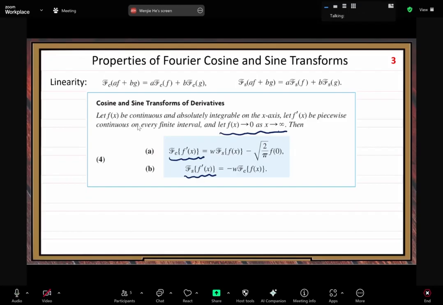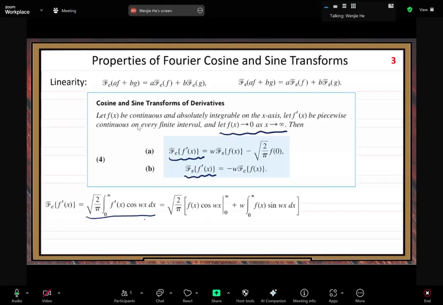The calculation goes by the definition of the Fourier cosine transform. Then we do integration by parts. The first term we need to use the given condition.